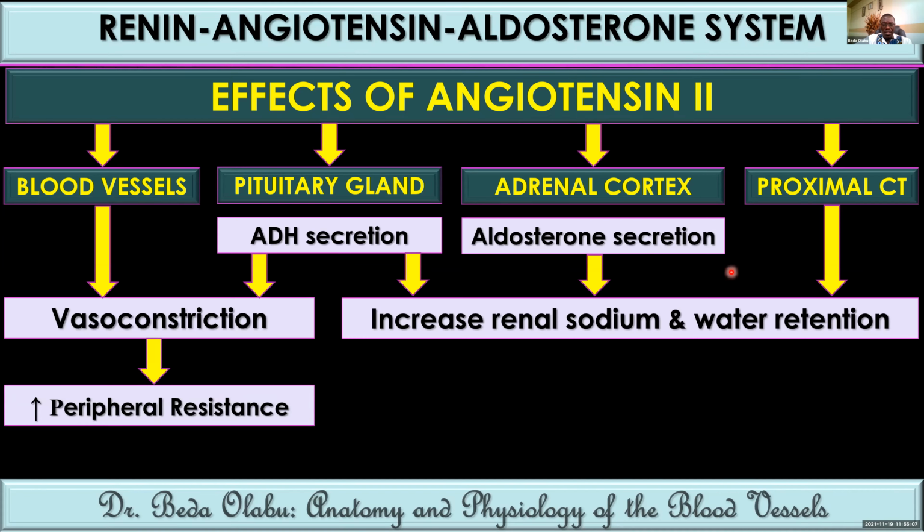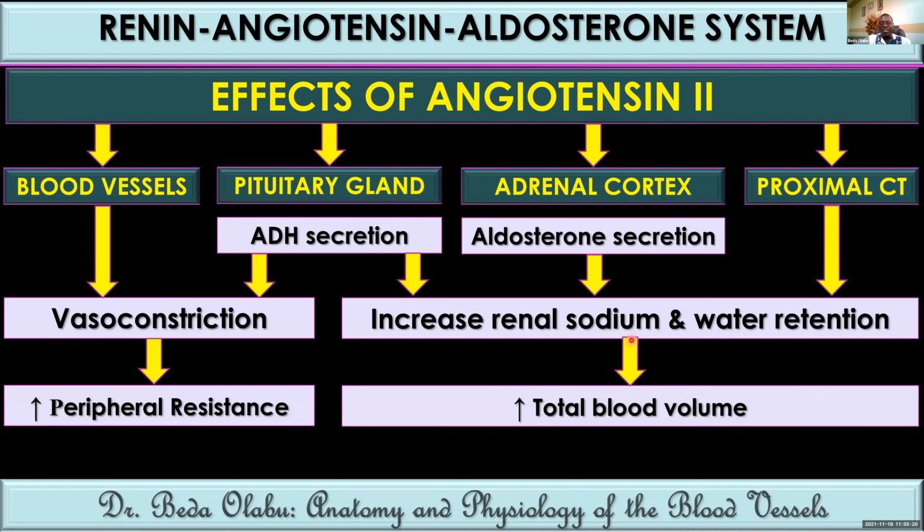Anyway, we see that all these converge under two umbrellas. Increased vasoconstriction increases the total peripheral resistance. Sodium and water retention increases blood volume, and that will have an effect on cardiac output. Of course, if you take water because of thirst, you also increase blood volume.